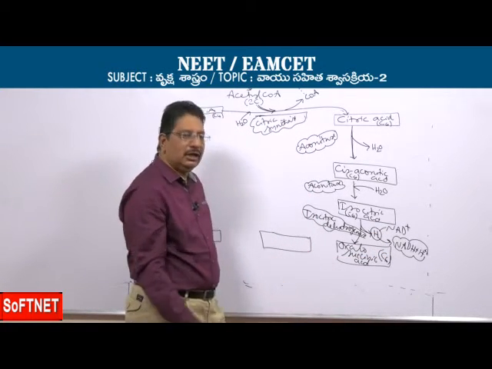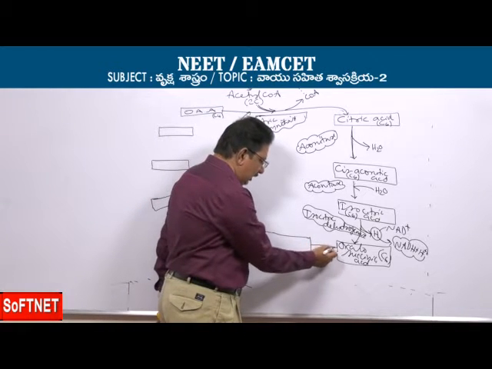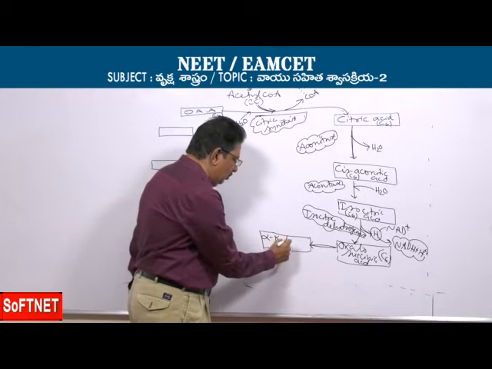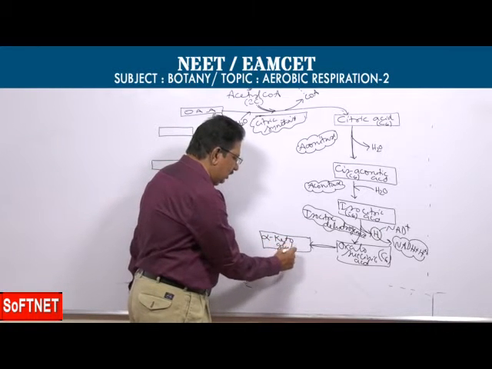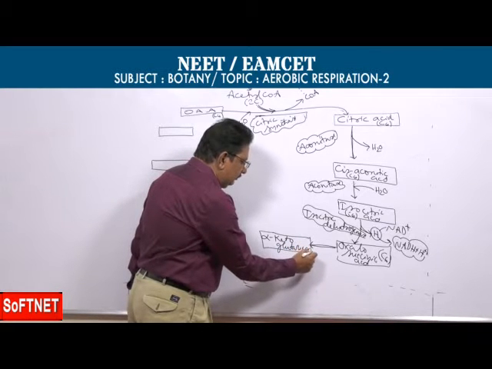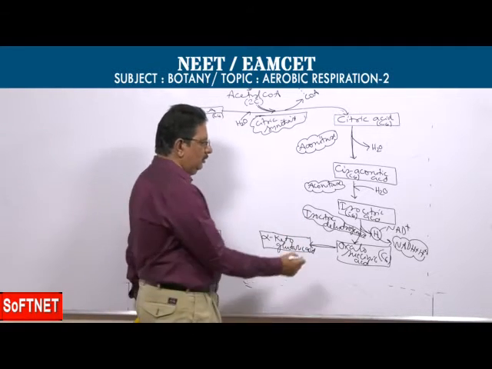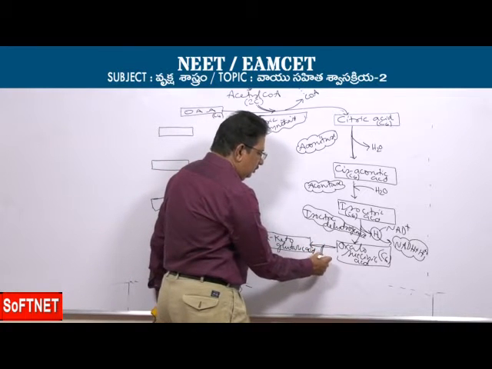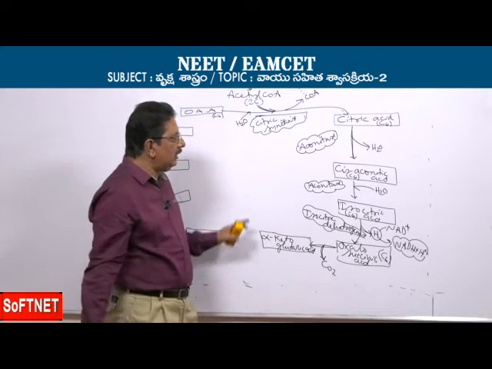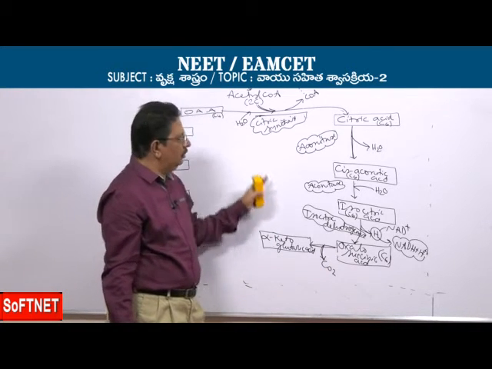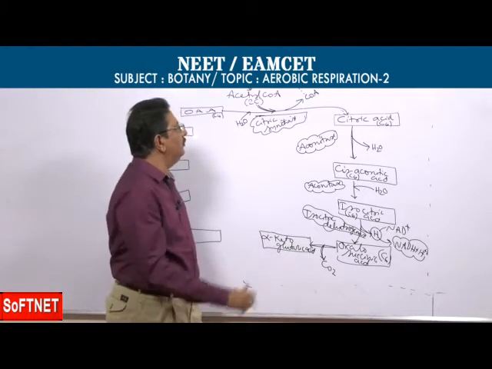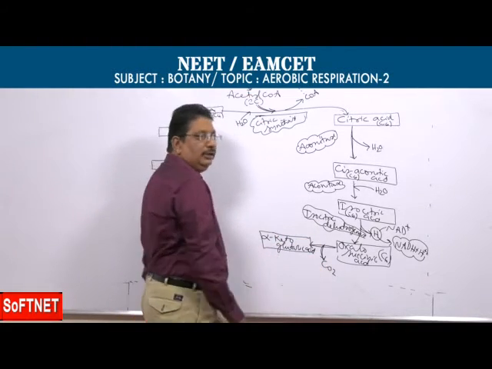And this oxalosuccinic acid converts into alpha ketoglutaric acid after removal of CO2. So in the Krebs cycle, of course, so in the mitochondrial matrix, this is the second time the carbon dioxide is liberated.